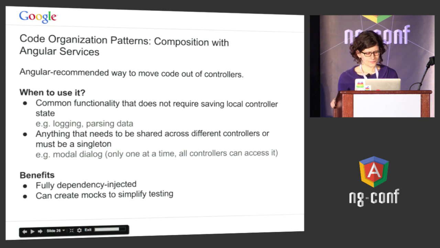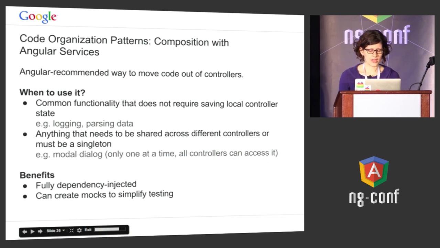OK, so the 2 ways that we prefer the most is using Angular to help us. The Angular recommended way to move code out of controllers is with services. I think you all probably know what services are at this point. It's a singleton function or object that can be injected into a controller. We found it works well with common functionality that does not require saving local controller state because it's a singleton, for example, with logging or parsing data.